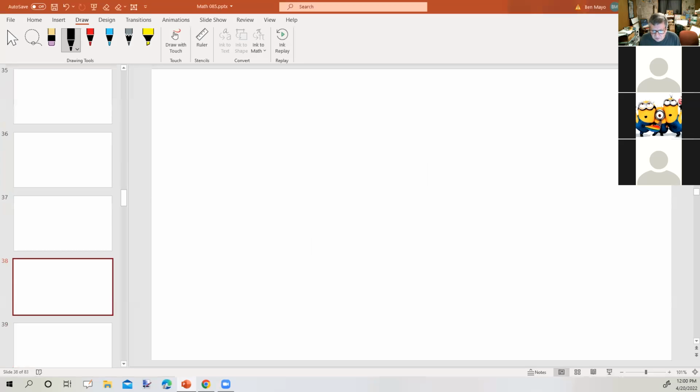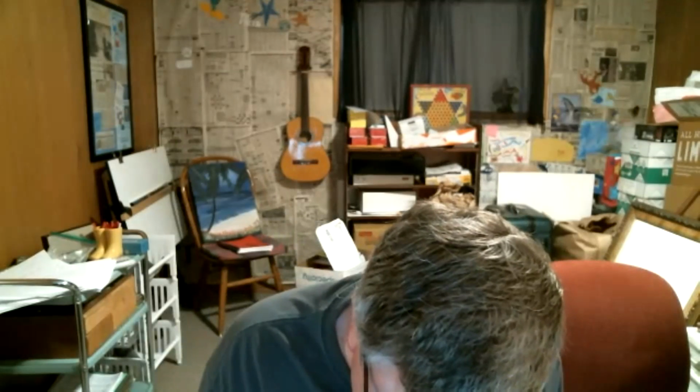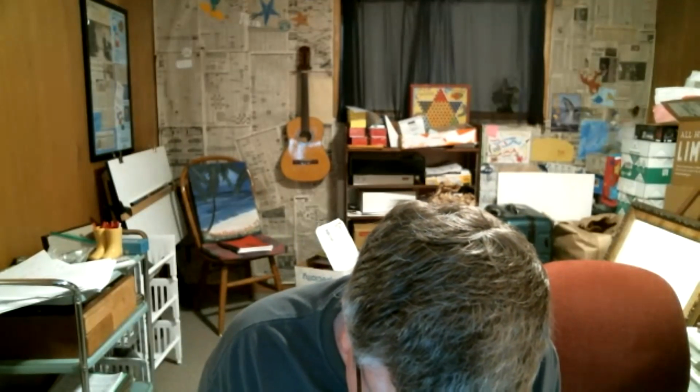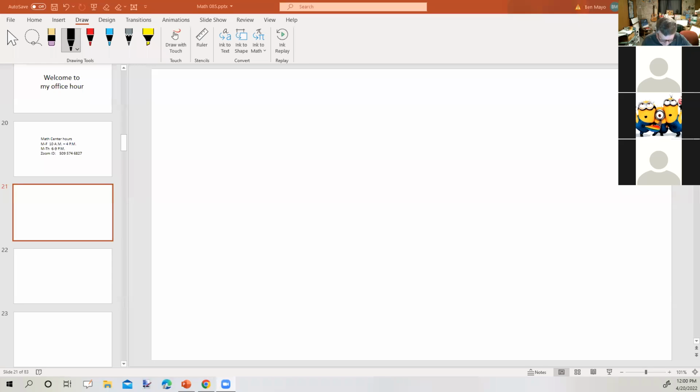I'm going to switch it over to the other screen. Okay. All right. So can you see my whiteboard now and just my whiteboard? Yes.